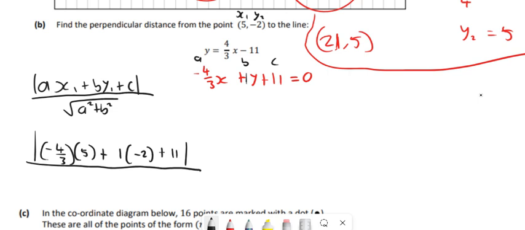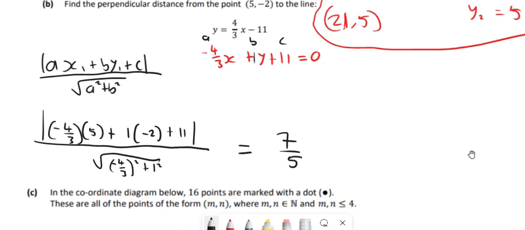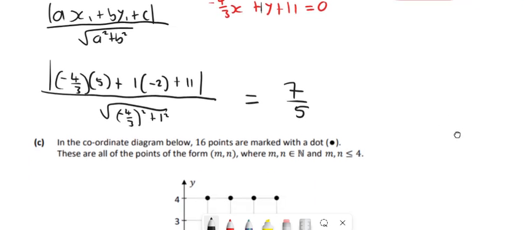Something negative on the top, we just make it positive. And that's all we do. You can just put the whole thing into the calculator, and eventually we should get 7 over 5 as the answer. That's putting numbers into a formula and making sure to change around the equation first of all to get our A, B and C.